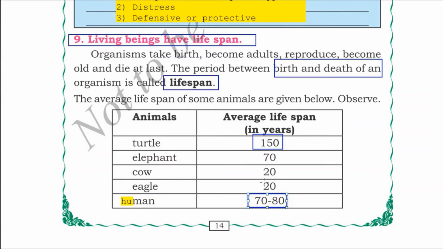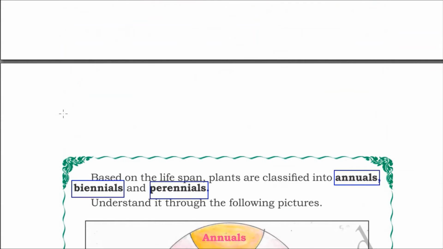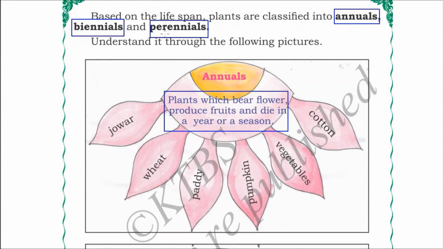Similarly, for cows we have 20 years, eagles is also 20 years, and so on. So another characteristic of living beings is that they have lifespans. So based on the lifespan of living beings, plants are classified into annuals, biennials and perennials. Let us see what they mean.